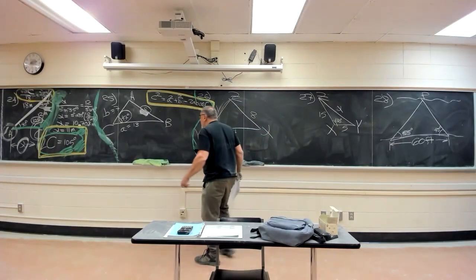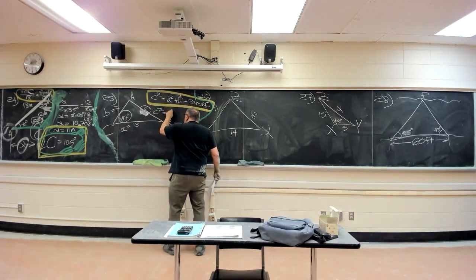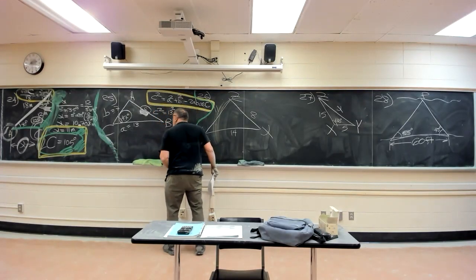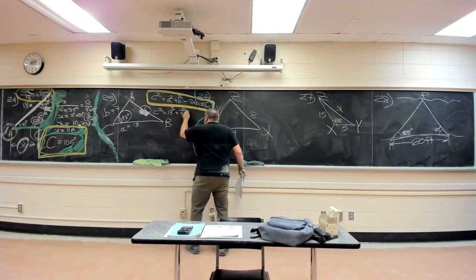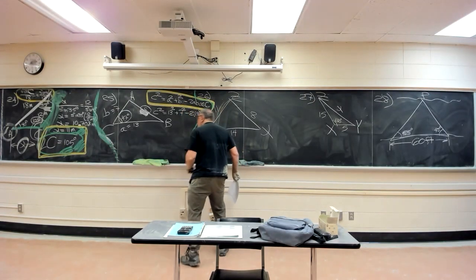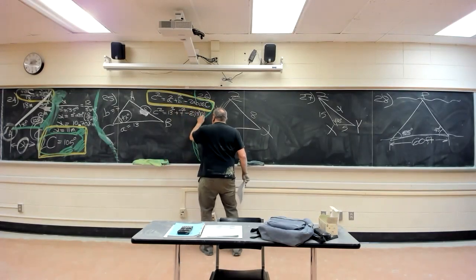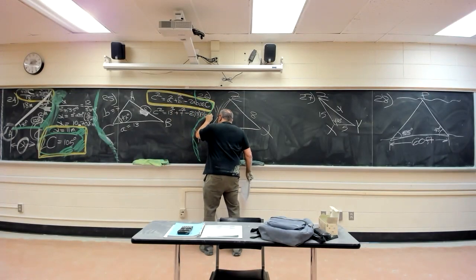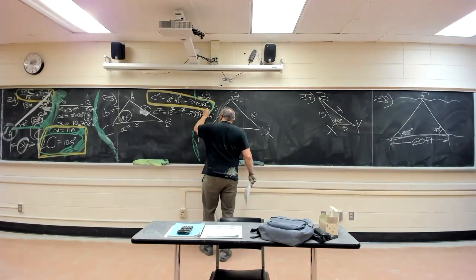Let's see what's going on here. C squared equals A squared, which is 13 squared, plus B squared, which is 7 squared, minus 2AB. A is 13, B is 7. Cosine 47 degrees. Going over a little bit, guys, once again.